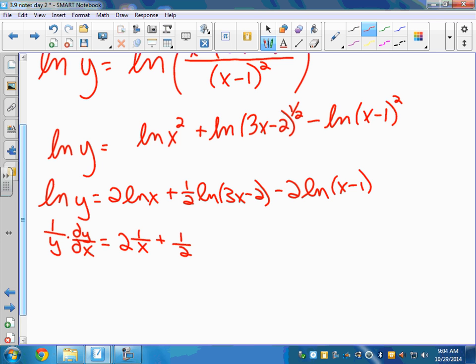And remember, ln is u prime over u, so on this one, if I take the derivative of the top, I would get 3 over the bottom, which is 3x minus 2. Minus 2, and the derivative of this one is just still 1 on the top, so it's just 1 over x minus 1. And again, you could have gone ahead and put the numbers on the top with it if you wanted to.